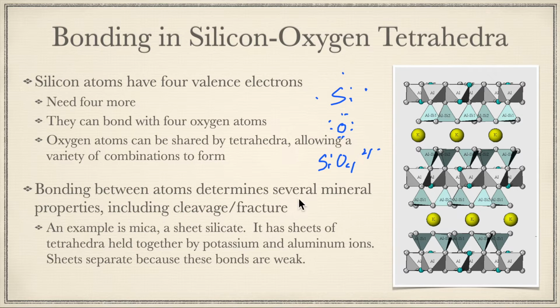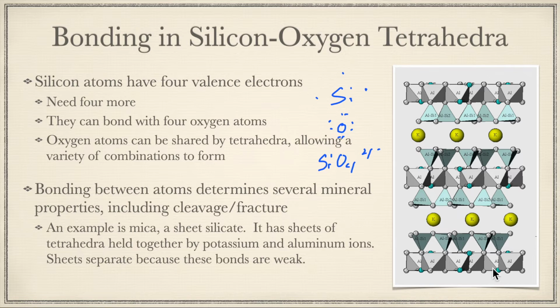Bonding between atoms determines several mineral properties, including cleavage and fracture. So as an example, mica is a sheet silicate. It has sheets of tetrahedra. These are your sheets of tetrahedra. And they are held together by potassium and aluminum ions. So here's potassium ions, here's some aluminum ions. So the sheets separate because those bonds are really weak.